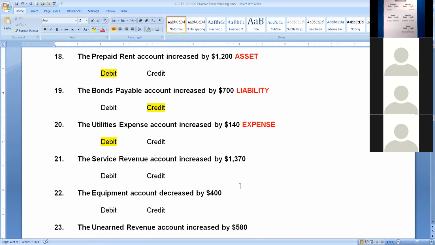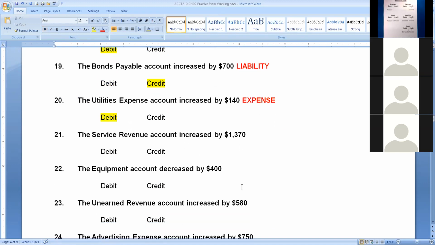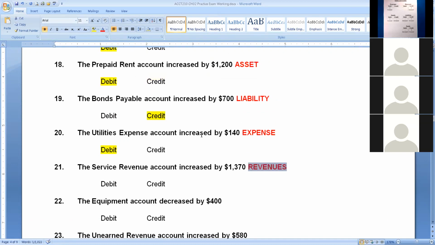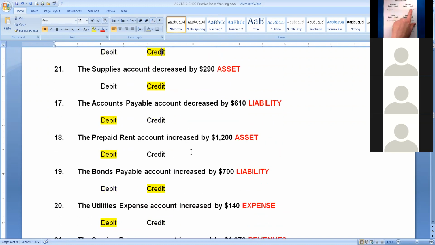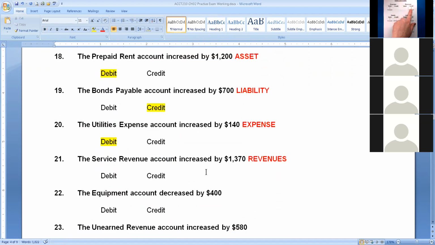Revenues increased. Revenues are always, do we have a revenue already? We already had a revenue. Revenues are always credits.